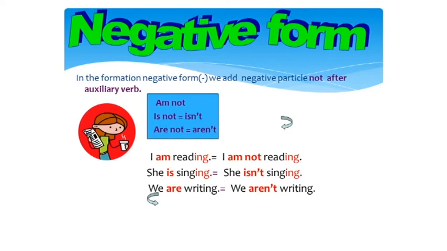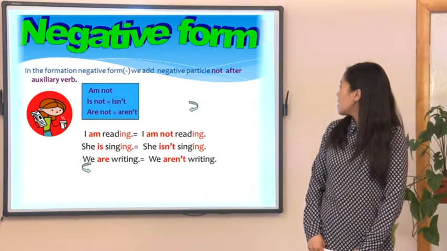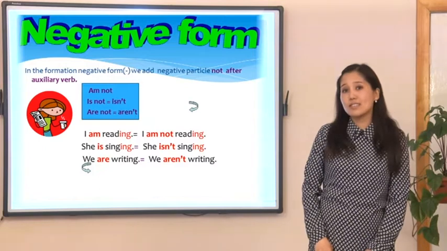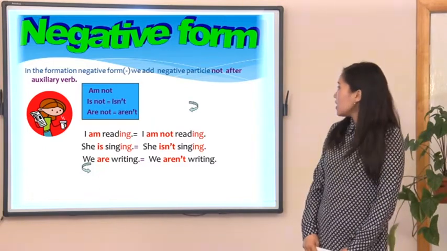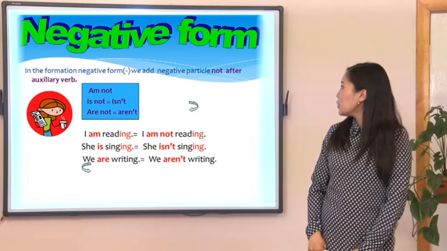Okay, the next form is the negative form. Here we have how we make negative form. Let's listen. In the formation of negative form, we add the negative particle not after the auxiliary verb. Here I show you how we can make it.